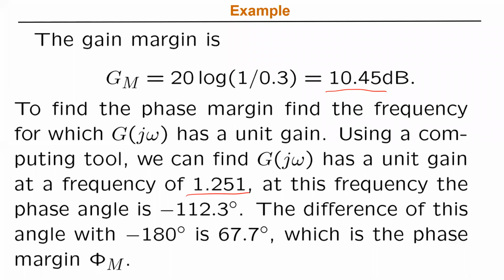Substitute in the phase angle, and you'll get the phase angle is going to be 112.3. Then 180 plus this one will give you the phase margin, which is 67.7. If we do it in the Bode plot, it will be easier. But again, the problem with the Bode plot is that plotting it is not going to be that simple.